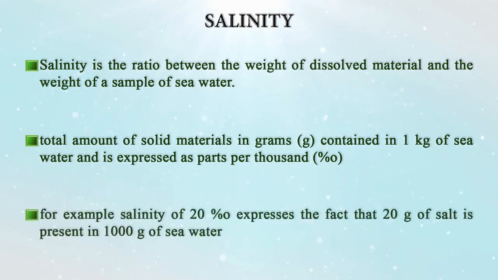If we say salinity is 20 per thousand, it means 20 grams of salt is present in 1000 grams of seawater, because 1 kilogram is equal to 1000 grams. So per cent is per 100 and per thousand is per kg. So salinity is expressed in terms of the number of grams of salt contained in 1 kg or 1000 grams of seawater.